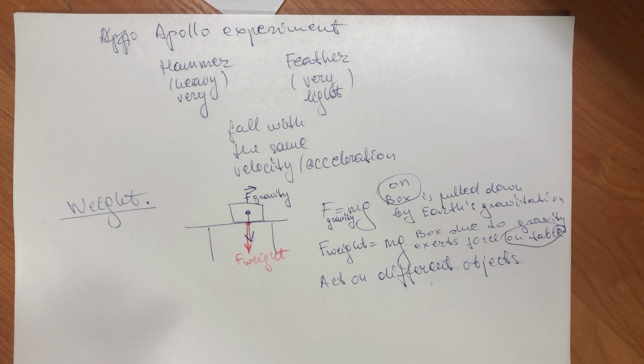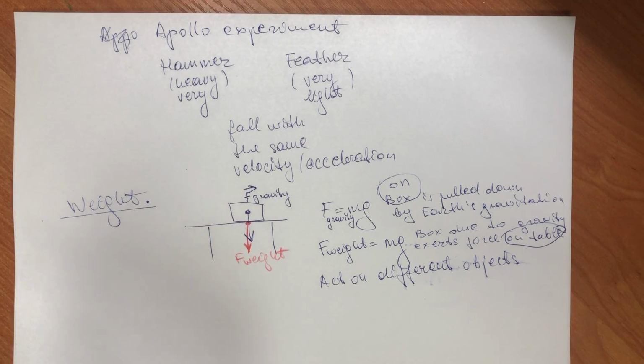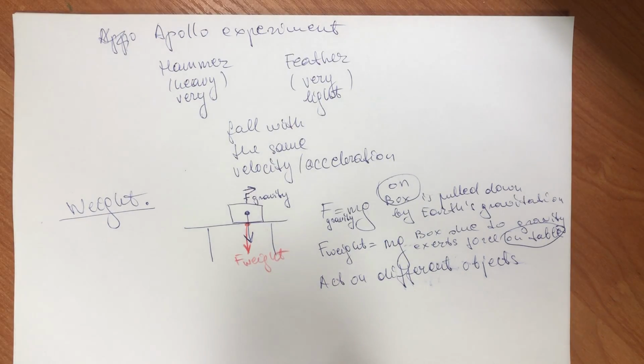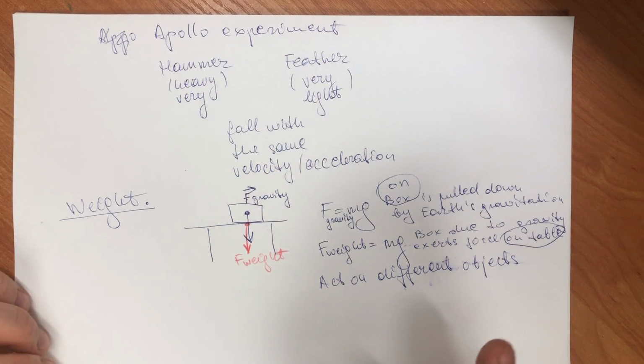Now, what's happening? We were dealing with free fall here, when you are throwing, let's say, from a balcony some kind of object down. But what happens if you are throwing the ball up?